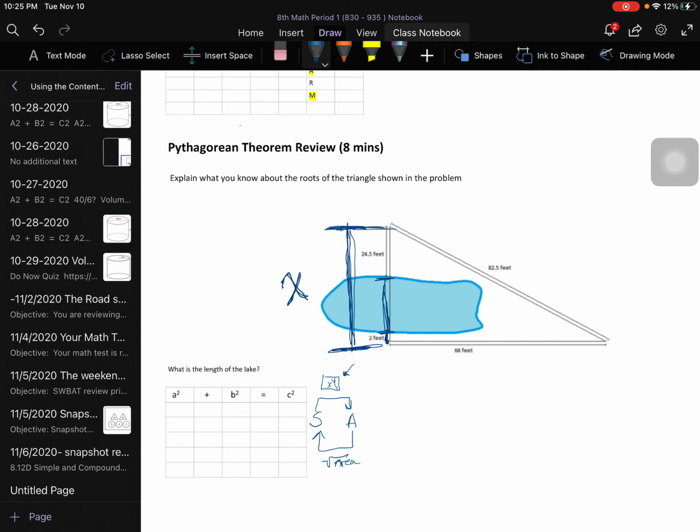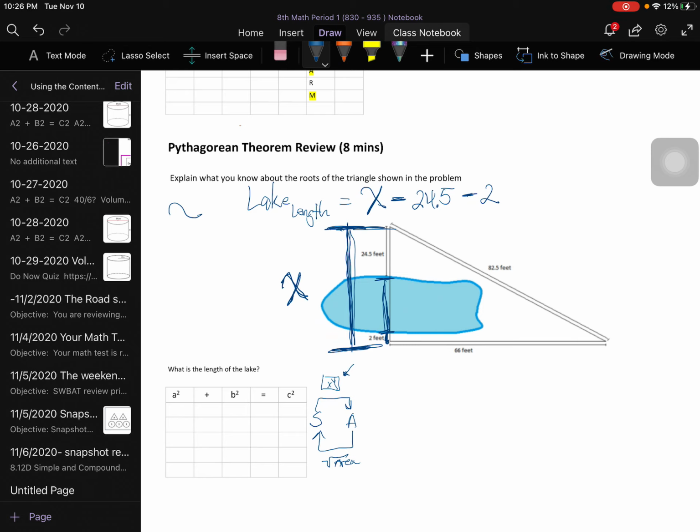The length of the lake would be x, and we will subtract 24.5, and we will subtract 2, and that will give us the length of our lake, because that was the only thing left. But how do we figure out x?